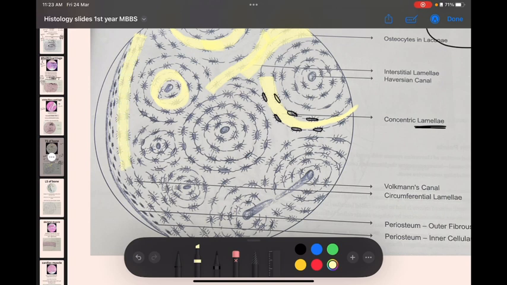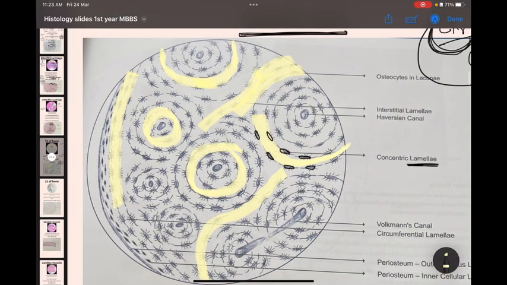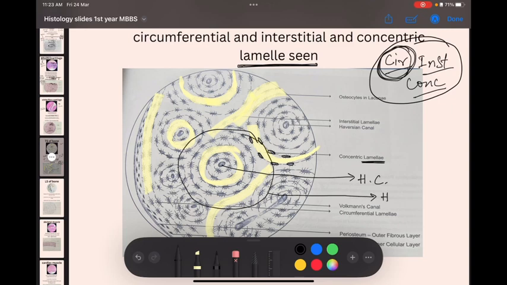Circumferential, concentric and interstitial. Very easy, right? And this is the Haversian canal, and one complete unit is called the Haversian system.